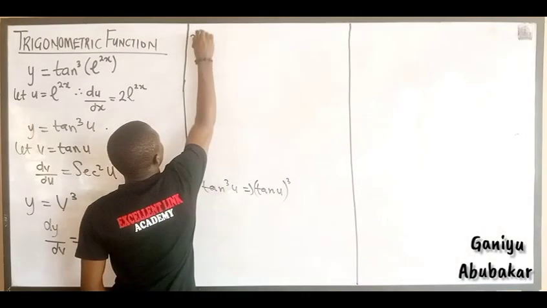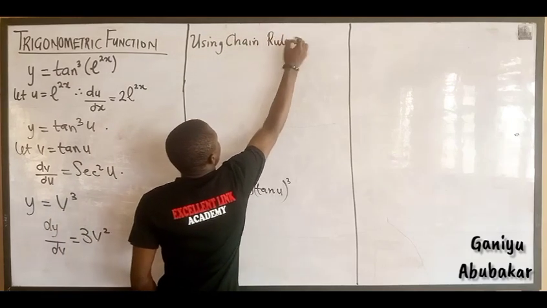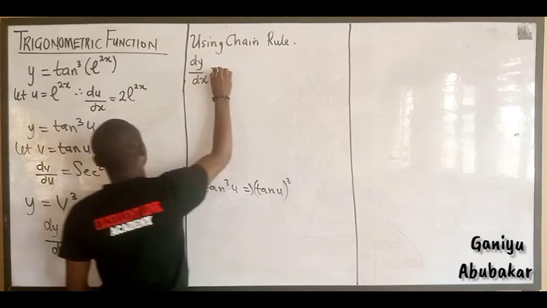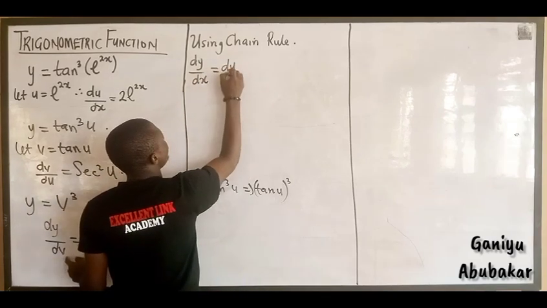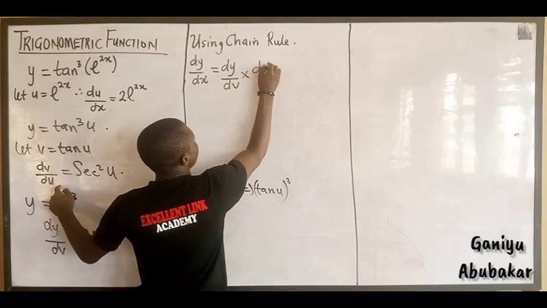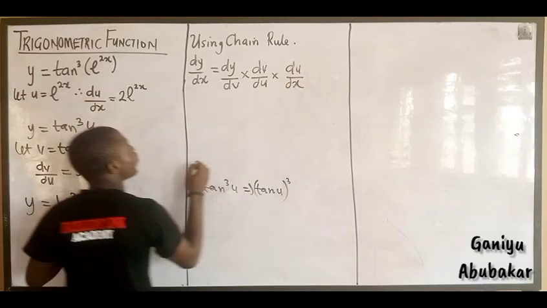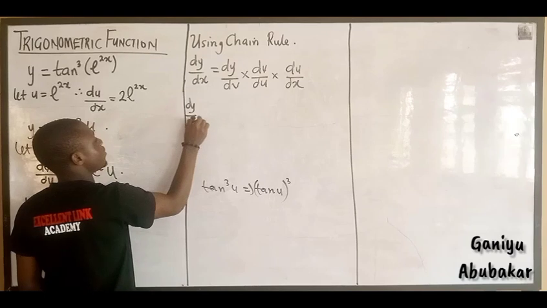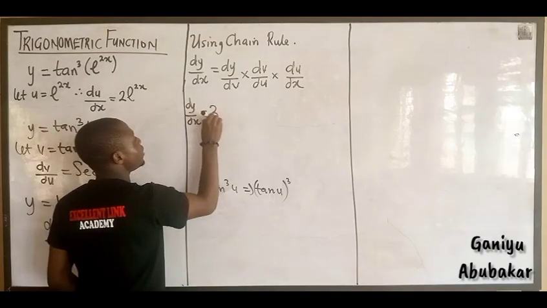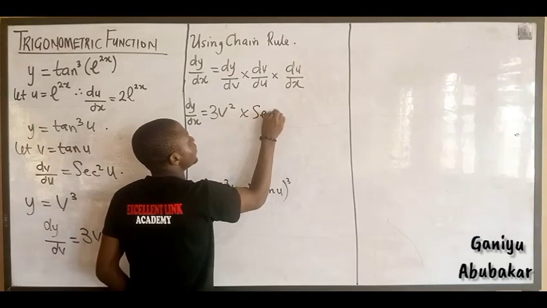Using the chain rule, I'll have dy/dx equal to dy/dv multiplying dv/du multiplying du/dx. Of course, putting in values, dy/dx is equal to dy/dv, which is 3v squared, multiplied by dv/du, which is sec squared u.